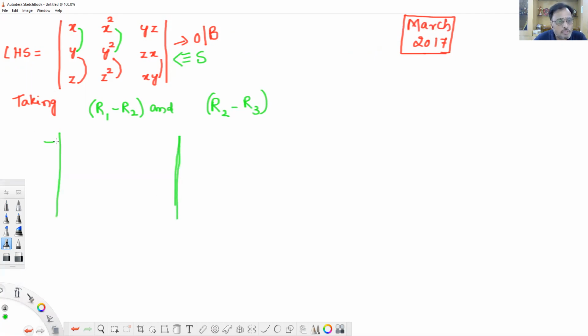I told you in the beginning itself, it is our duty to see what is unchanged. So how many rows are there? R1, row 1, row 2 and row 3.